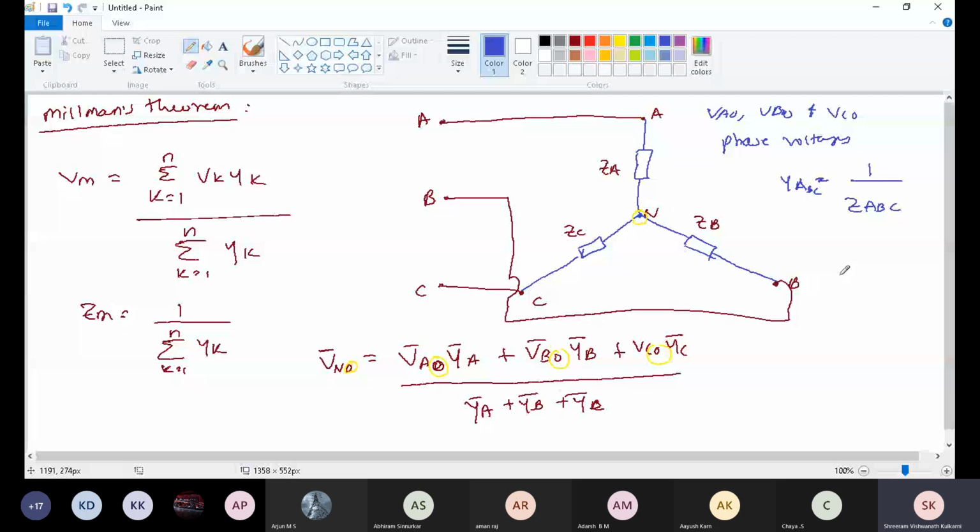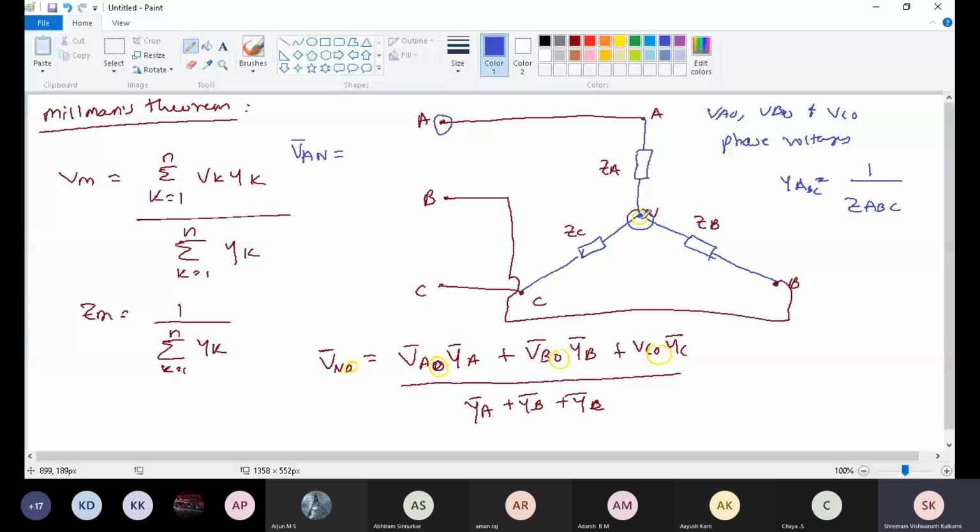Now see this figure. I can write the voltage from phase A to neutral point N, VAN, which is nothing but the phase voltage with respect to the neutral of the star connected load.